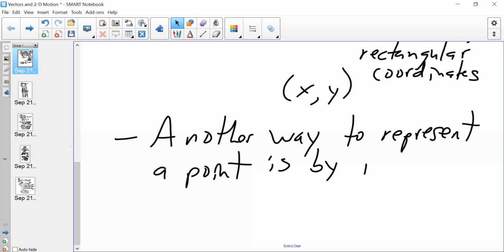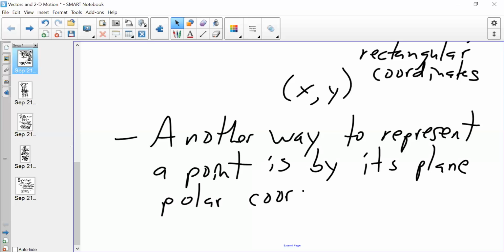Another way to represent a point is plane polar coordinates. You've seen these in algebra, I hope by now.